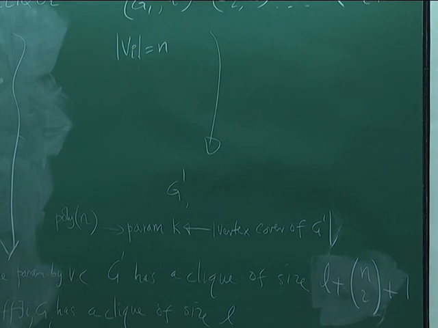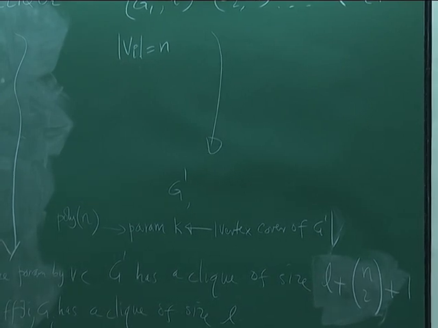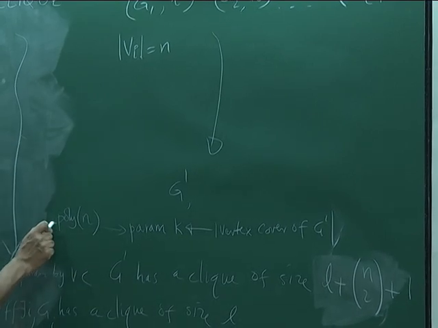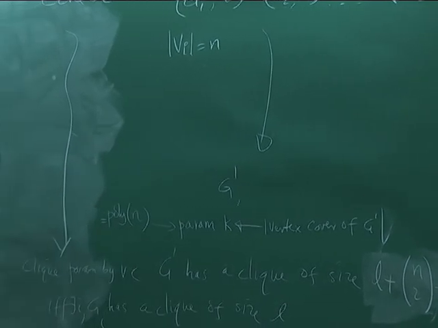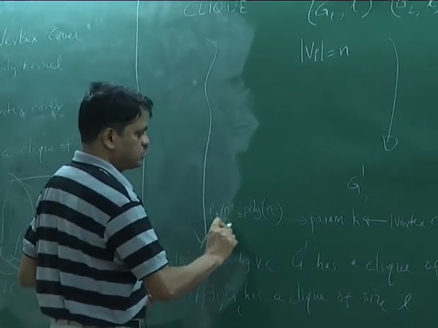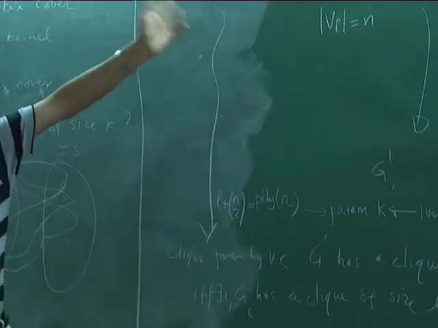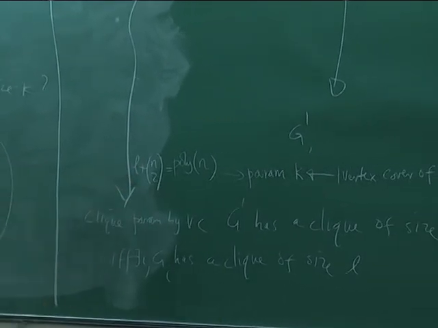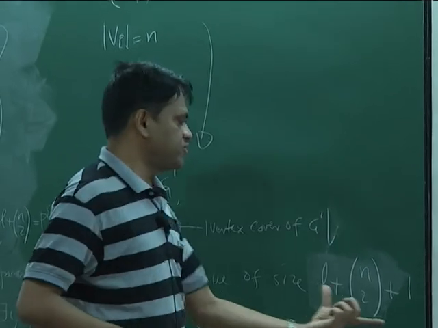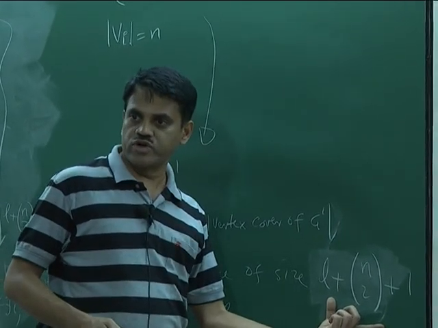Okay. And this is going to be L plus n choose 2. So, it is polynomial in the max input size. Okay. So, the goal is to find a clique of this size. Okay. So, that is what we are going to do.